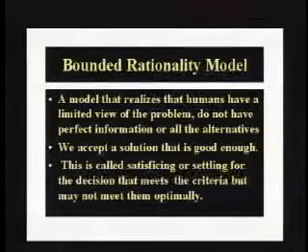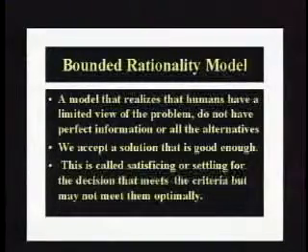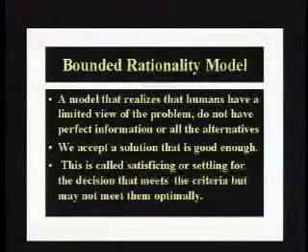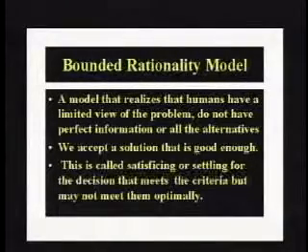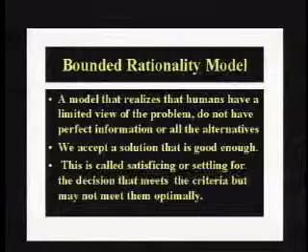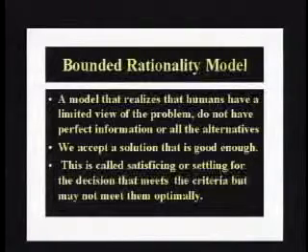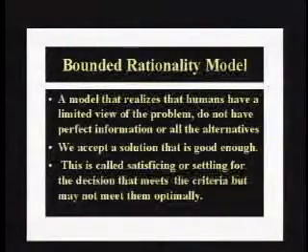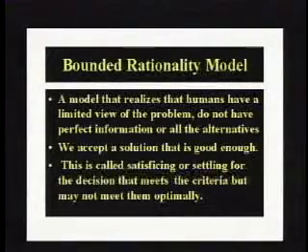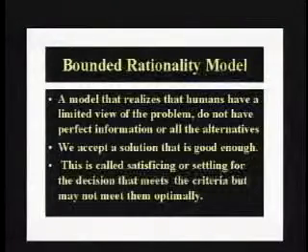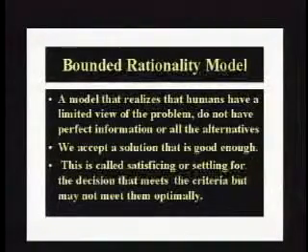So we accept a solution that is good enough. It seems to meet at least our basic minimal requirements at the time. And this good enough solution is called satisficing, a term that they coined. It satisfies the criteria that we're aware of and that we're using without necessarily being optimal.